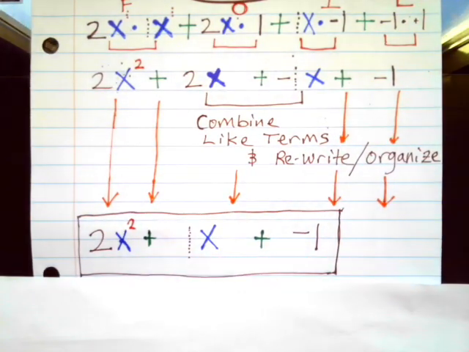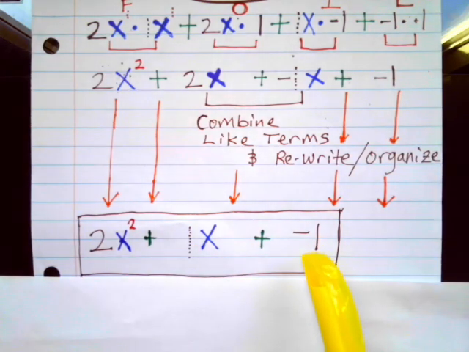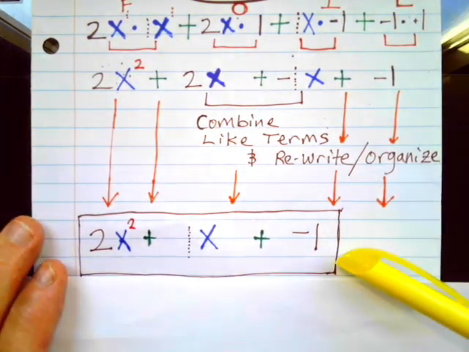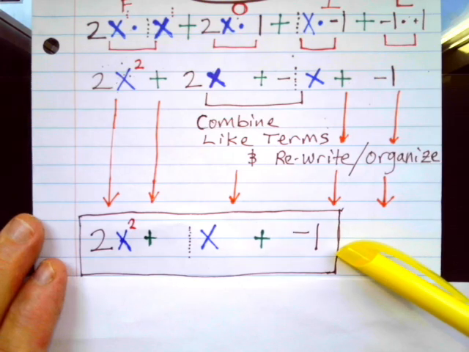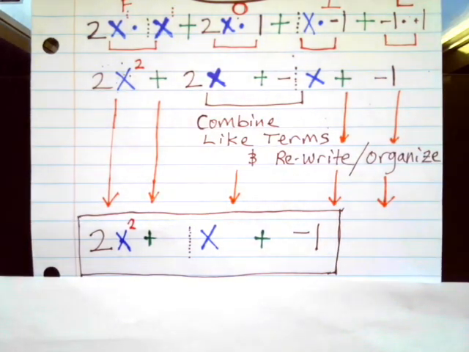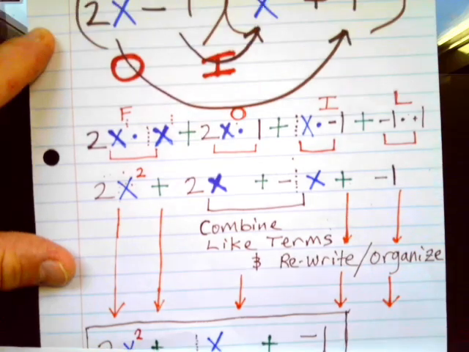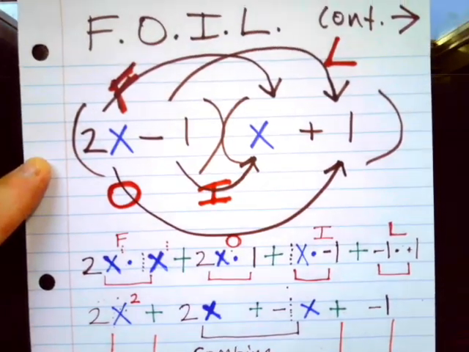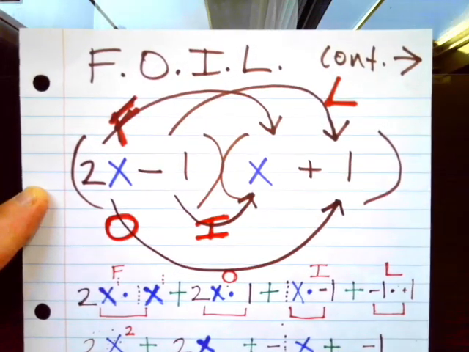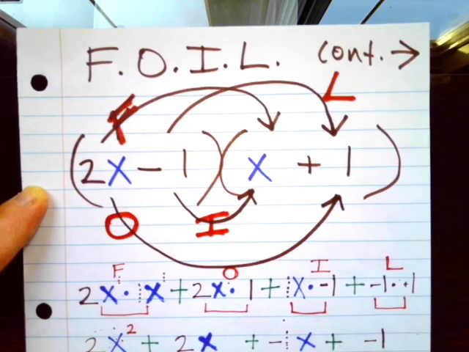The expression, or the equation I started with, 2x squared plus 1x plus a negative 1, should be the expression I began my problem with if the factoring 2x minus 1, x plus 1 is correct.